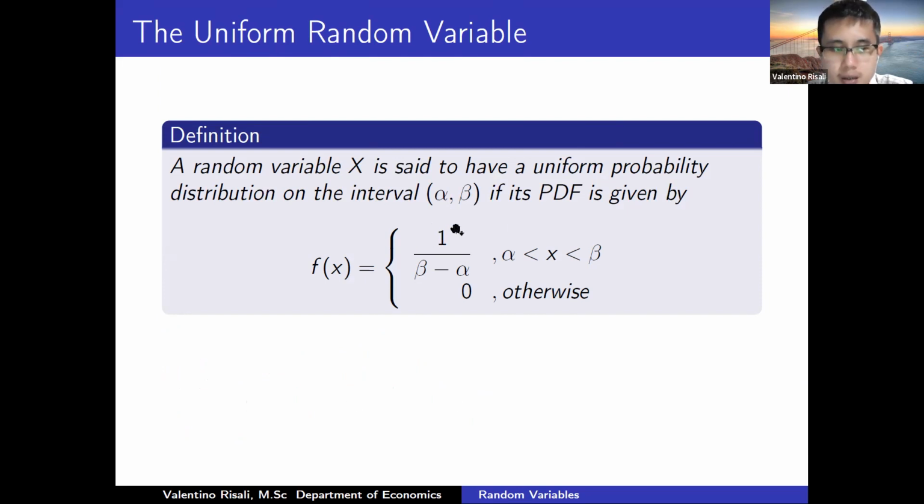In the previous slides we have discussed the expectation and also the second moment of this PDF, right? For the uniform, f(x) is equal to 1 divided by beta minus alpha for all x between alpha and beta, and 0 otherwise. And we can check this integral is equal to 1. So it is a PDF.